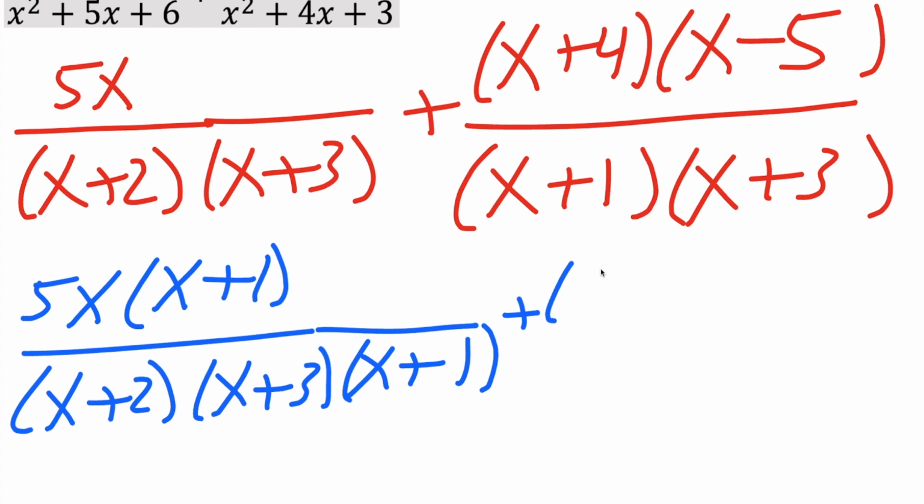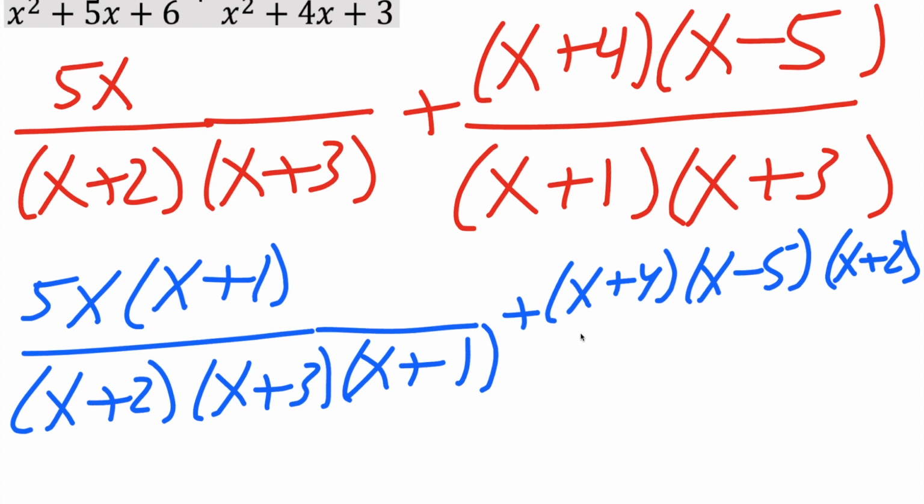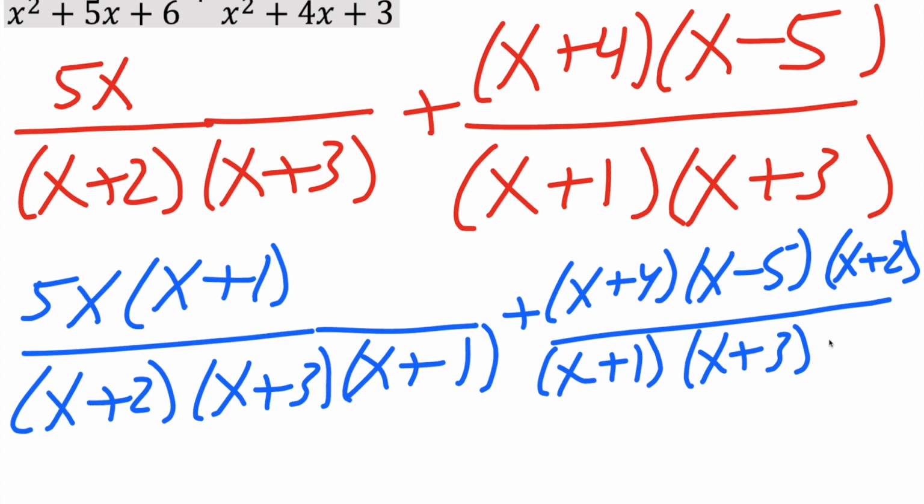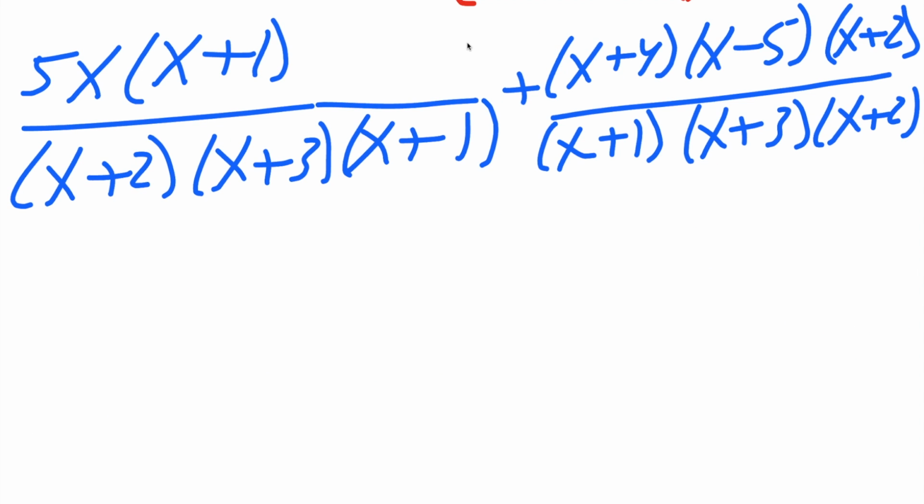So plus parentheses x plus 4 times x minus 5. And this piece had the x plus 2, so we need to put it both in the numerator and denominator. Divided by, we have an x plus 1 times x plus 3 times x plus 2. So now we have a common denominator, so now we can add the numerators.